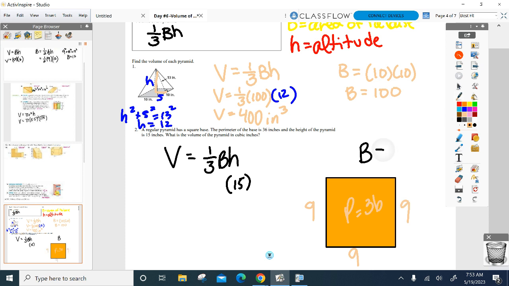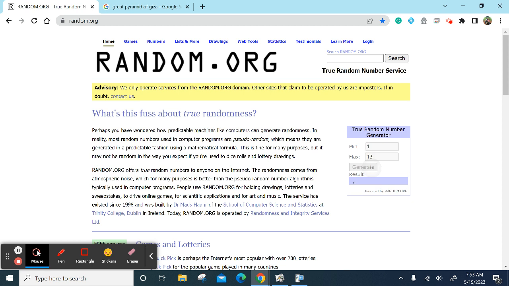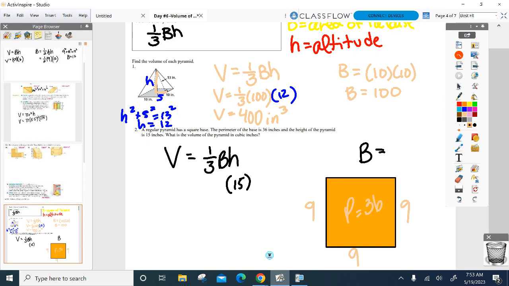So go down. What's the area now? Area of the base, the square base. It's all right. 81. Yep. 9 times 9. So 81 times a third times 15.